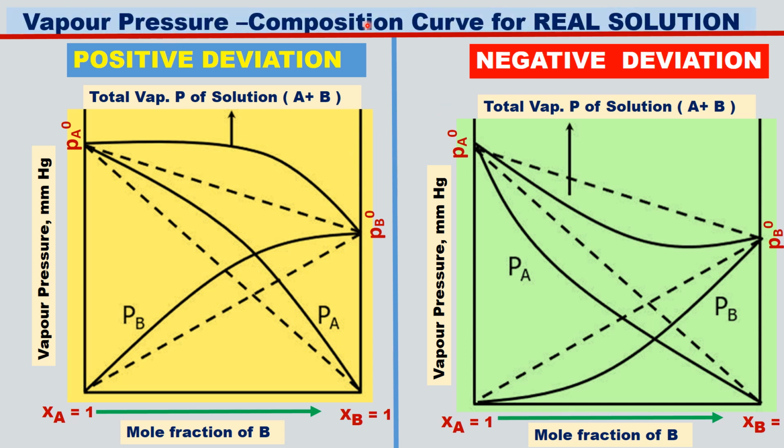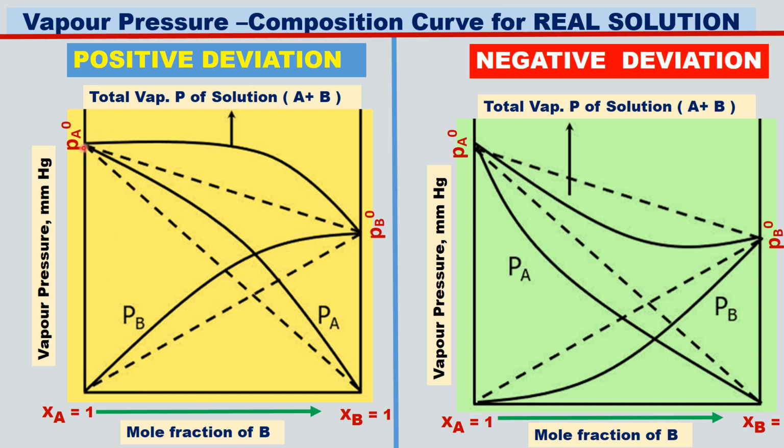The vapor pressure composition curve for a real solution can be constructed in a similar way to how we constructed it earlier for an ideal solution. Okay, so let us take A 100%, 100 ml, and then you take 90 ml A, 10 ml B. So what will happen?